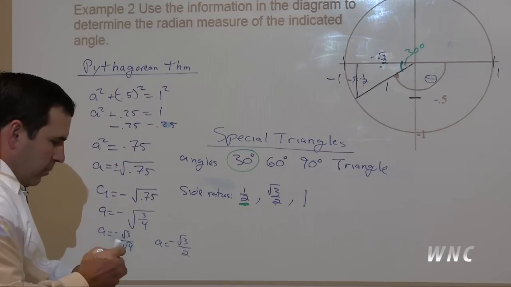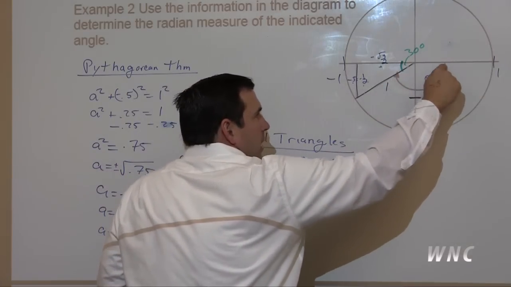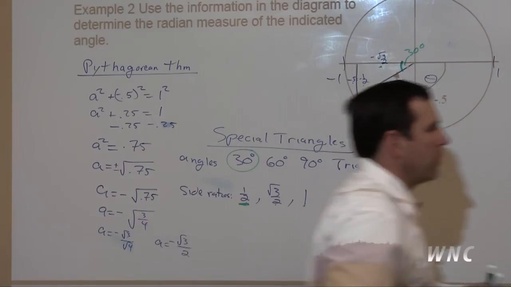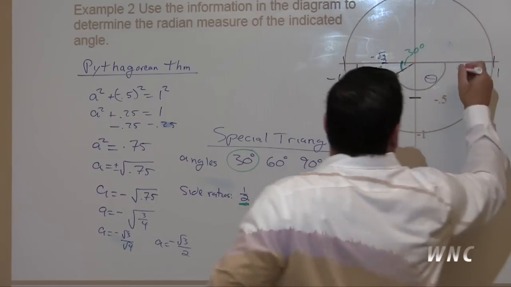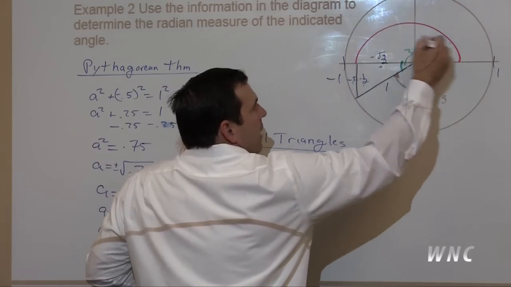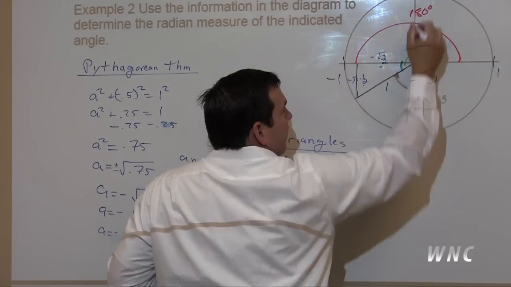Now, I'm not finished with this problem yet because we want to know this given angle. What's that one going to be? I want to make this notation. If you went from this point around to here, that's half of the circle. That's half of 360. That's 180 degrees.